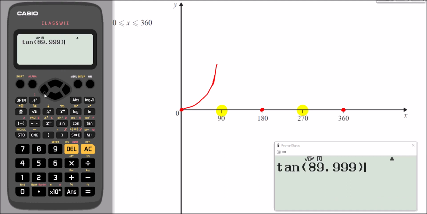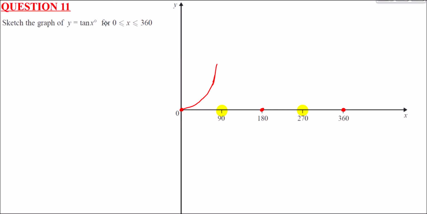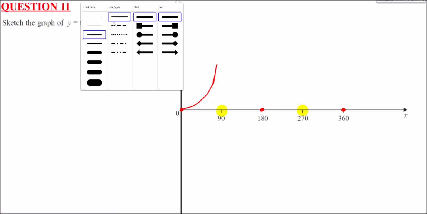That's in the thousands. A bit more, it's in the millions. So as x approaches, but can never be equal to 90 degrees, tan of x approaches infinity. So this is going to shoot off towards a vertical gradient as it gets closer and closer to 90. That's what we've shown by just trying these different values on a calculator.